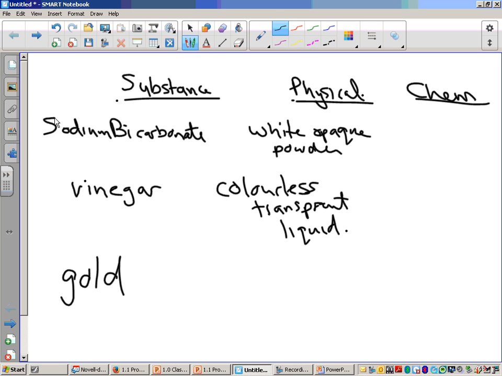Now, sometimes, what color would you describe gold as? Yeah, it's gold, right? And you might think, oh, I'm making a conclusion about the identity of the substance. But we have certain colors that we use in English that happen to come from elements. So if you were to say that it was a gold opaque solid, that would be acceptable. You wouldn't be deducted for making a conclusion that it was gold.